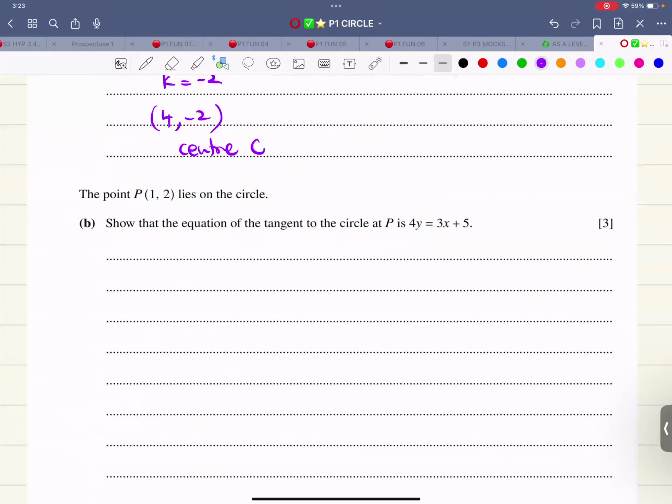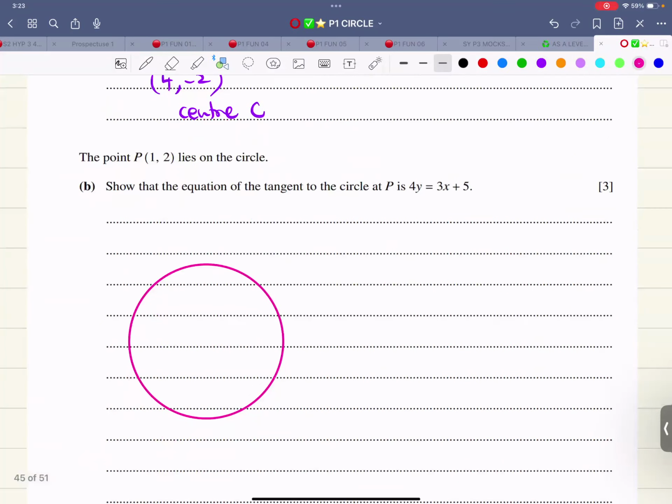Now this time I need to draw a realistic diagram. So let me draw a circle over here. And over here, let me label 4 and -2. So this is 4, and let's say this is -2. So somewhere down over here, and 1, 2 would be up. That is C, 4 comma -2.